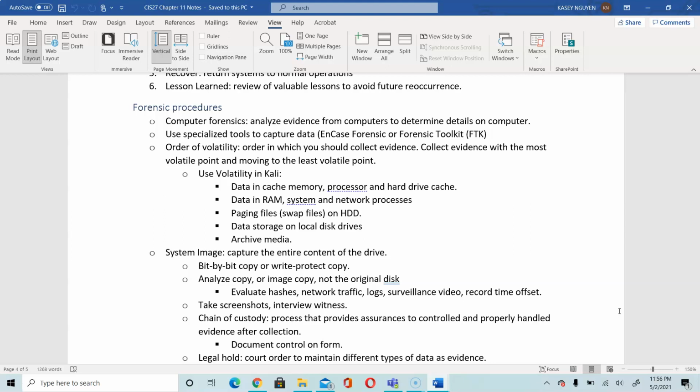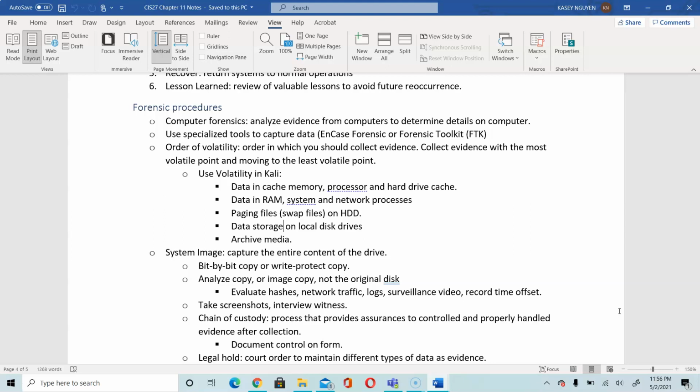And usually, legacy-wise, we would see a bit-by-bit copy or write-protected copy. And we would use toolkits, system toolkits, to be able to capture the image. We can copy the image into a secondary drive that we would then use to evaluate.